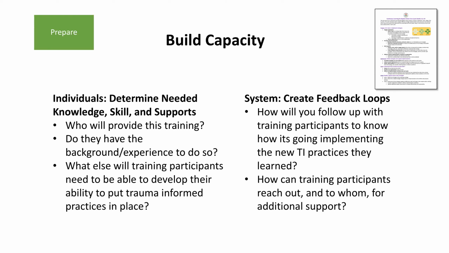So it's putting some of those things into place, both first thinking about the individuals and the capacity that they're going to need to be able to, for example, provide the training, but then also thinking more as a system as a whole. What's the process or the procedures that we're going to put in place? In this case, for example, feedback loops that are going to help us continually have the information we need to be able to act and continue to improve the strategy that we're putting into place.